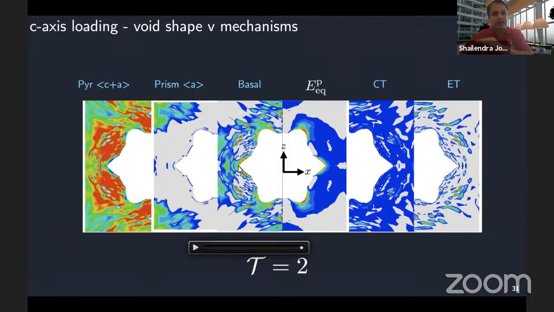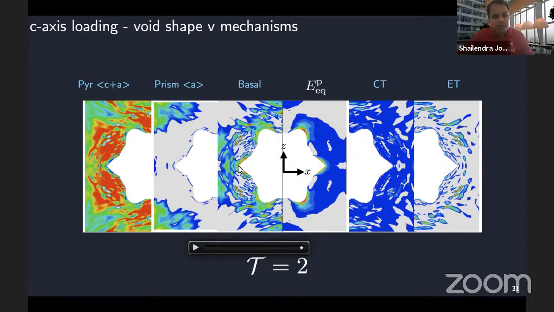Those twin boundaries might end up cracking. We have done some very preliminary work, not in the crystal plasticity sense but in an isotropic sense, on what happens if we have a competition between intervoid ligament necking versus intervoid ligament cracking.